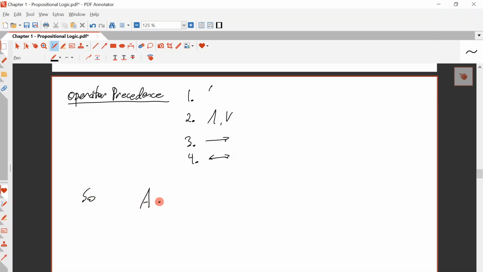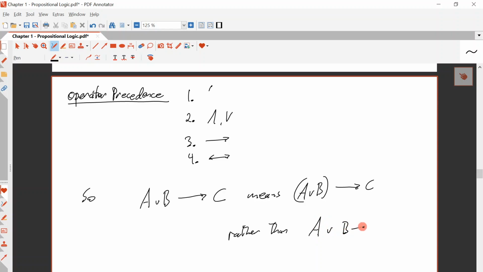So A disjunction B implies C means that the disjunction came first, rather than the disjunction of A with the implication B implies C. A logical connector always takes two statements to put them together. The implication has lower precedence than the disjunction, so the disjunction must be evaluated first.